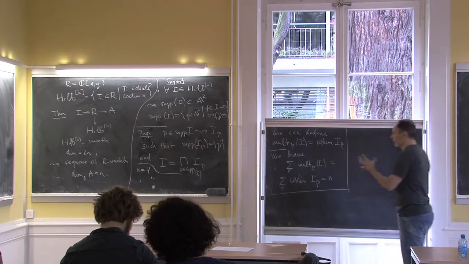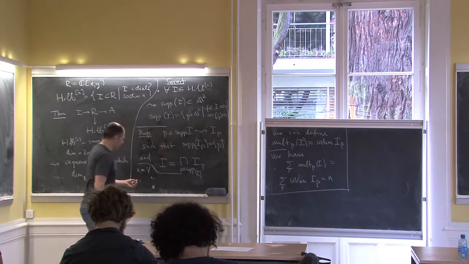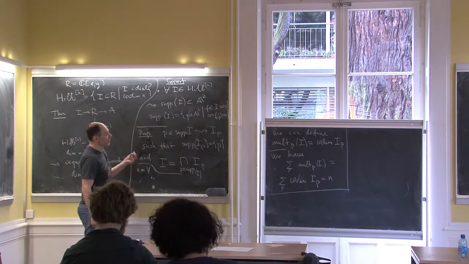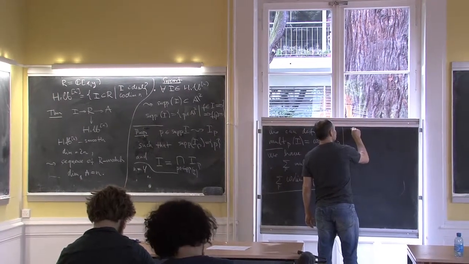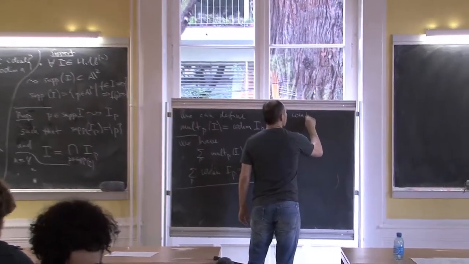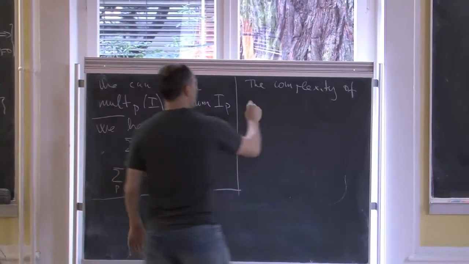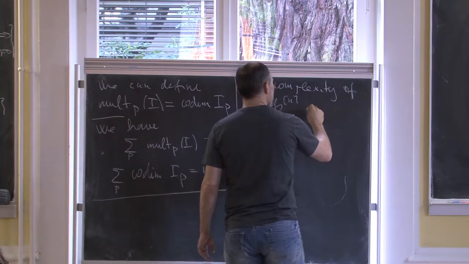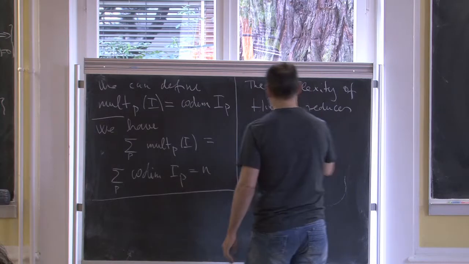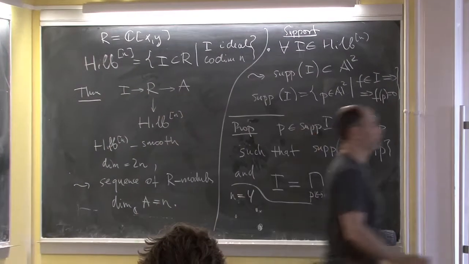So in a certain sense, this is intended to give you the following picture. It's really sufficient to understand, in fact, what's called the punctual Hilbert scheme. So the complexity of the Hilbert scheme of n points reduces to understanding, in a certain sense, the situation when all the points are together.